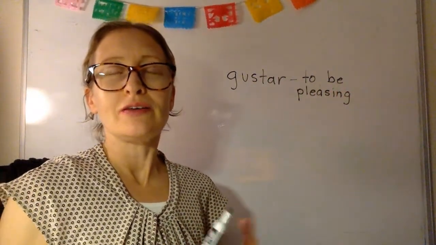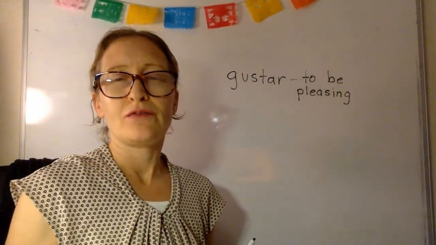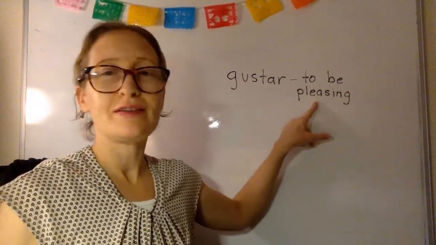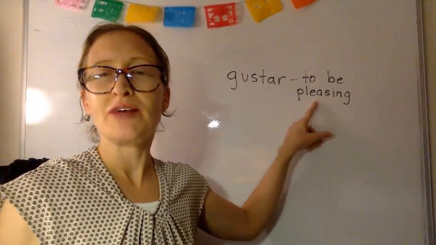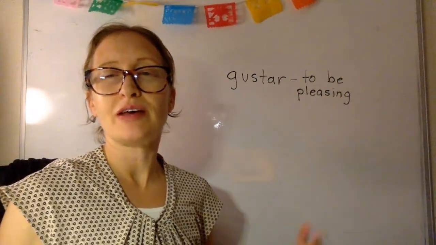In colloquial English, it's often translated as to like, but for you as a student, it's best translated this way, because by translating it this way, it will help you to make fewer mistakes with this verb.